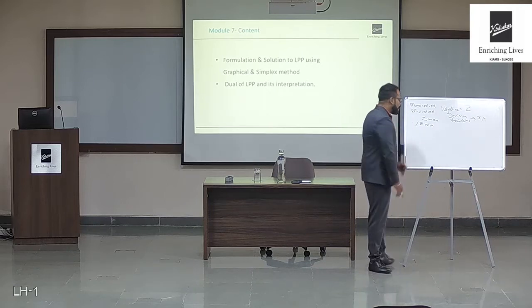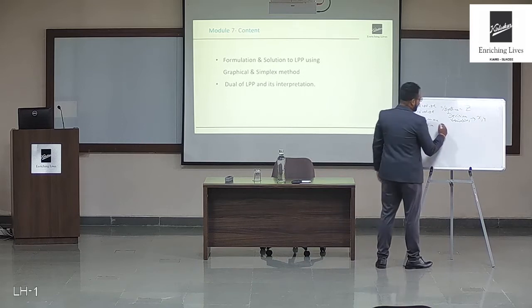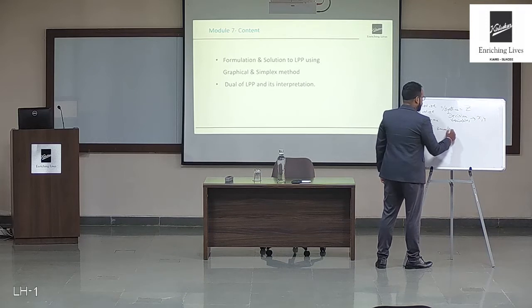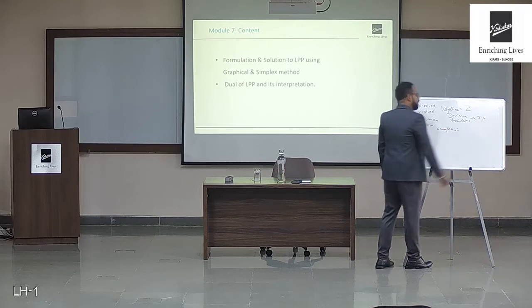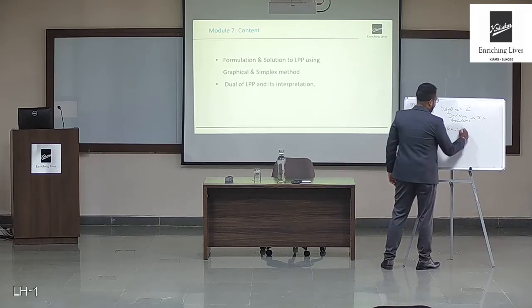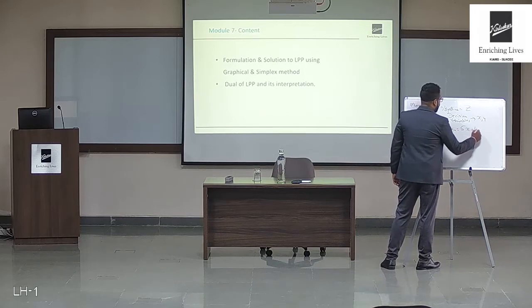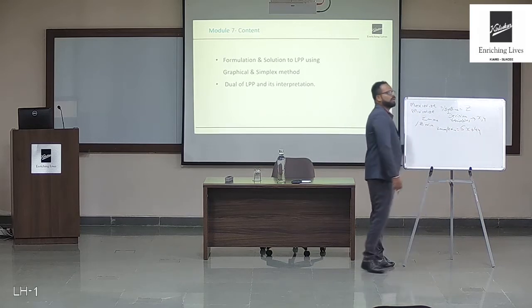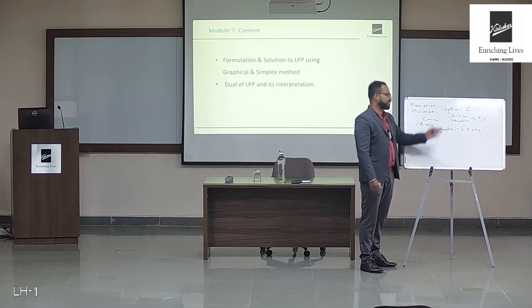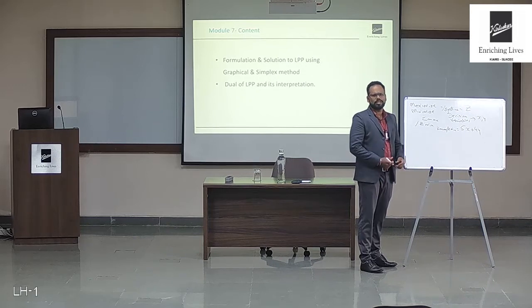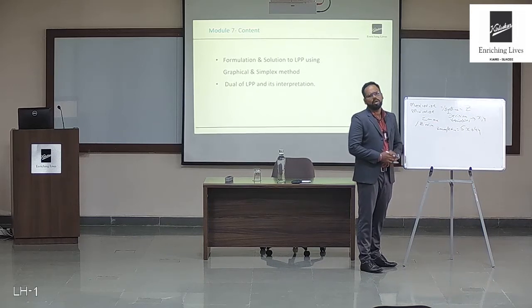So your formulation of LPP will look something like this. You will have a Z max or a Z minimum. There will be an objective function. For example, I take 5x plus 4y as an objective. Maybe X can be the number of chairs, Y can be the number of tables which you are manufacturing as a company.